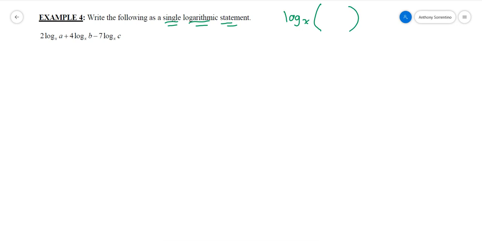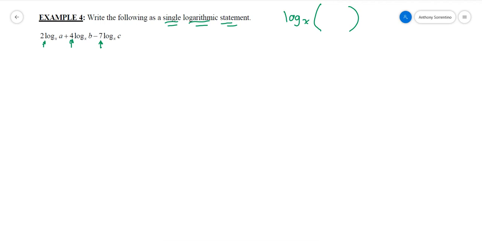So I'm going to start using some of these properties, now in reverse from the previous problems. I have a multiplication of 2 in front of this logarithm, 4 in front of this logarithm, and 7 in front of that logarithm. I remember that if I had a logarithm of something raised to a power, that exponent became a constant multiplied to the logarithm.